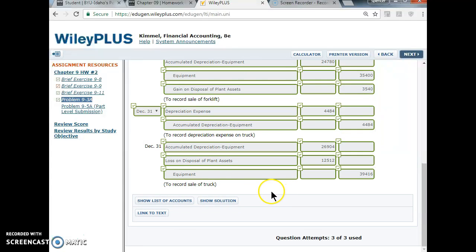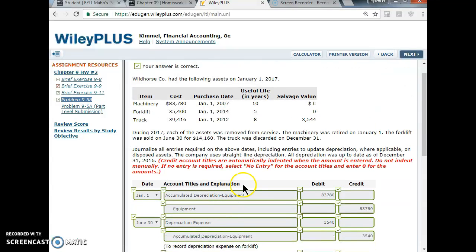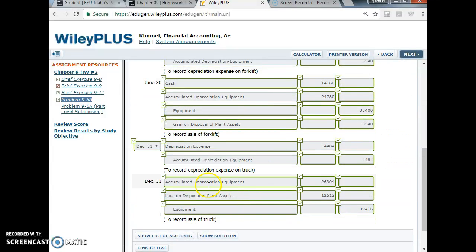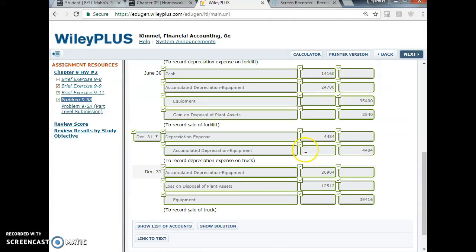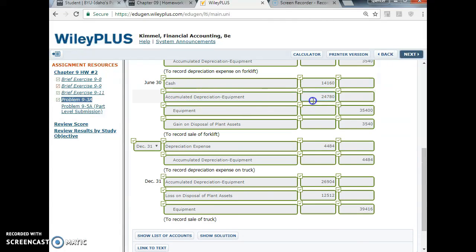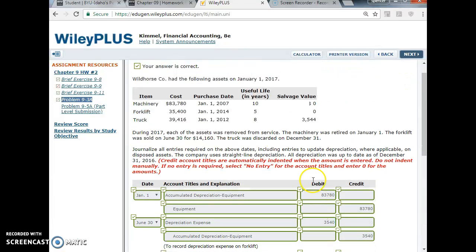The last thing we have to figure out is to record the sale of the truck. Actually, it wasn't sold. It was just discarded as of December 31st, so they don't receive any cash. Then we have to determine the total accumulated depreciation of the equipment, just like we did up here for the forklift. Its total useful life was 8 years. We calculated the yearly depreciation already at $4,484, and it was purchased in 2012.